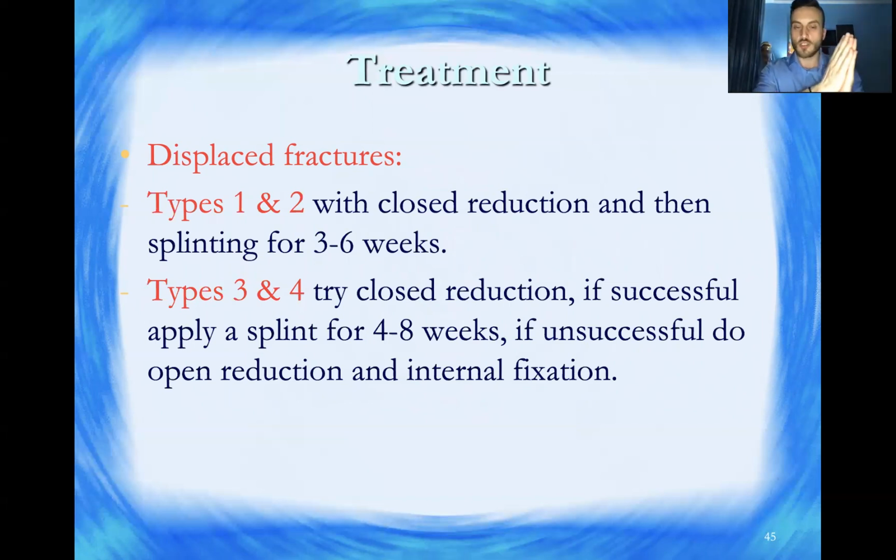For the extra-articular, we have to have functional reduction, not anatomical, and the stability can be relative, not absolute or rigid. So two differences: intra-articular, anatomical reduction and absolute stability; extra-articular, functional reduction and relative stability.